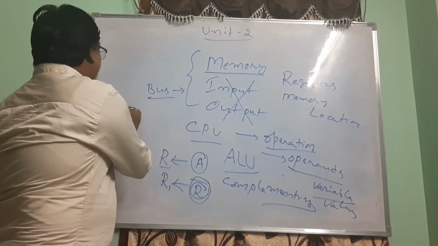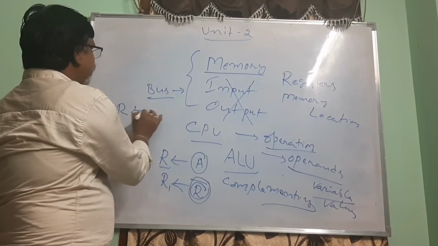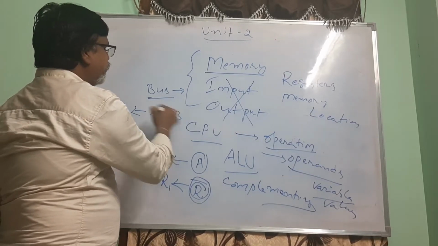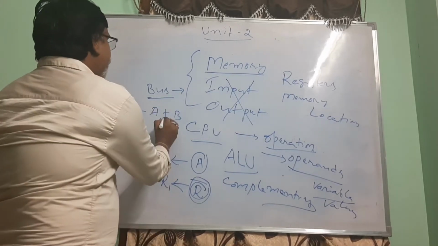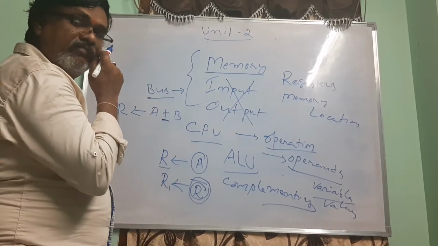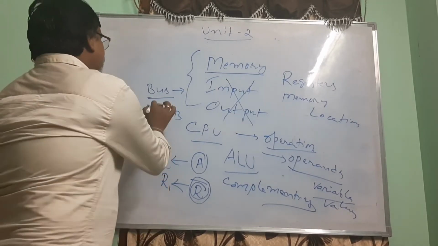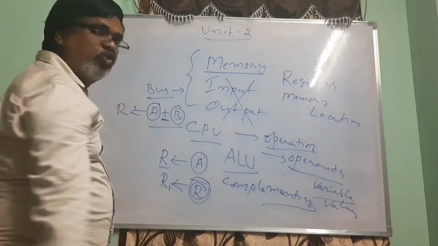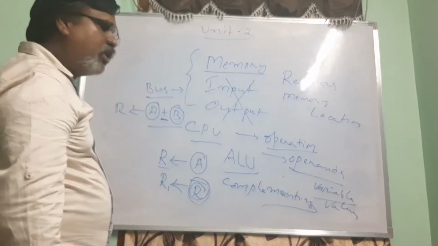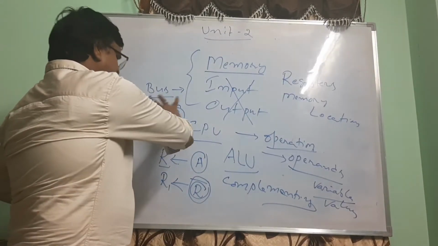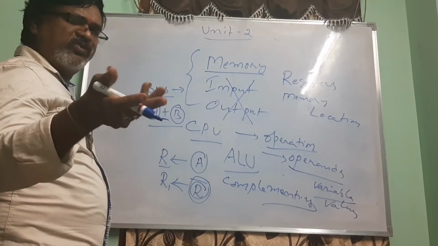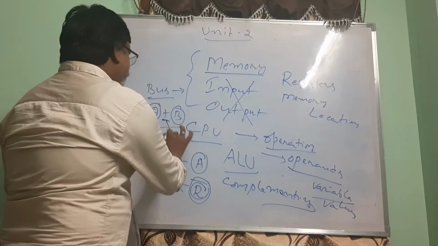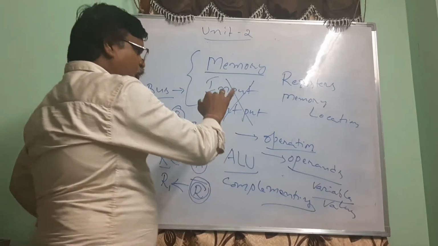Or else, if you take R equals A plus B, here the operation is addition, but the operands are A and B. Here we have two operands. The number of operands may be 1, 2, 3, 4 or whatever it is. We are going to perform some operation.